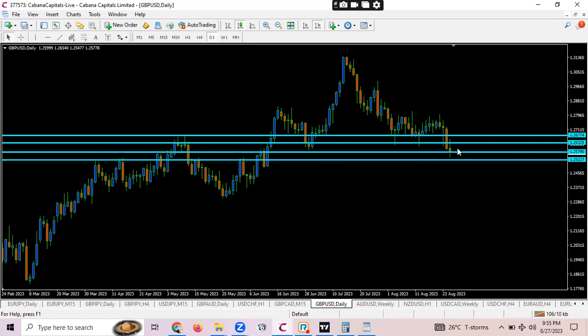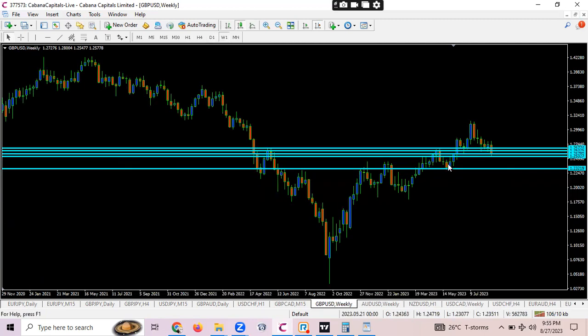So if a 4-hour candle or the daily candle closes bullish, that's Monday candle, we can consider buying. Okay. And if this support zone is broken, if a 4-hour candle closes below this zone, we could see GBPUSD sell to the next support.